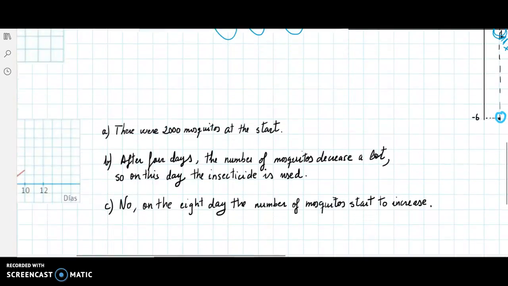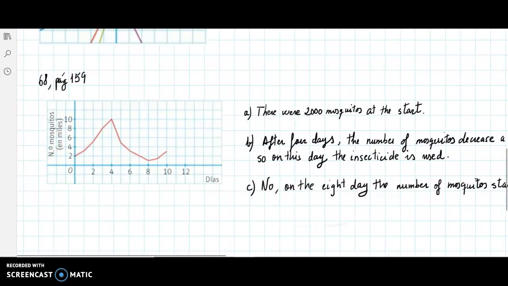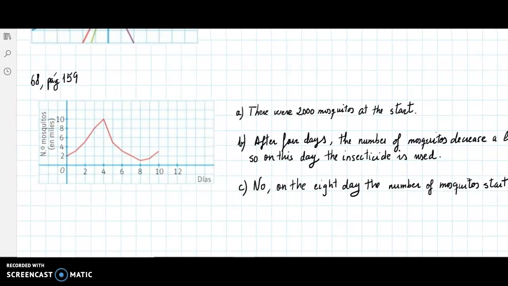Let's finish the last exercise, 68 on page 159. You had a graph. On the y-axis, you have the number of mosquitoes, and on the x-axis, you have the number of days.